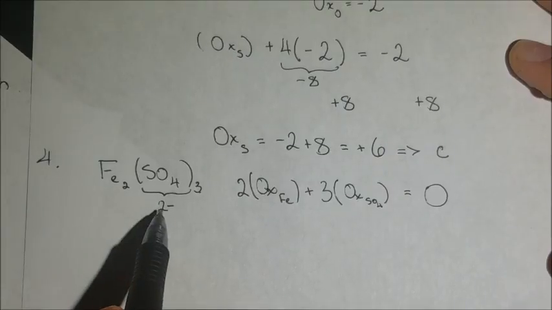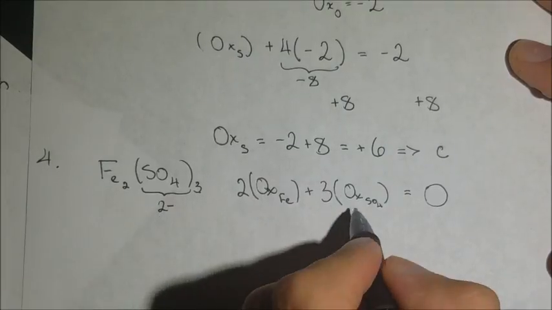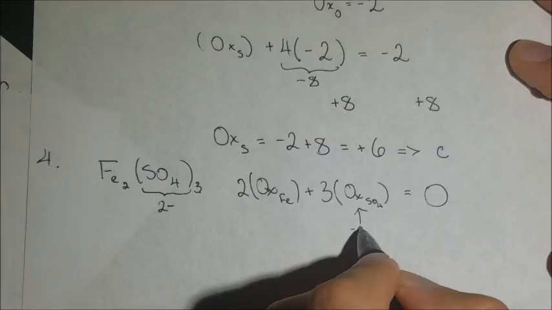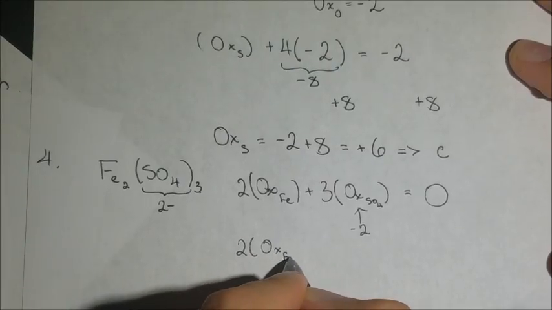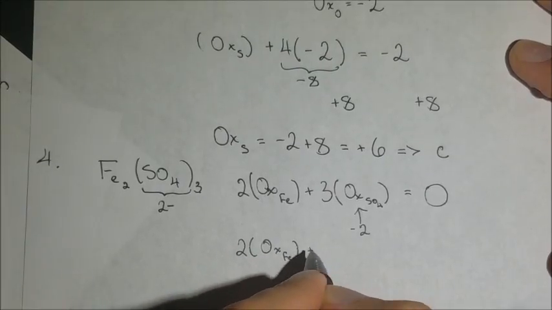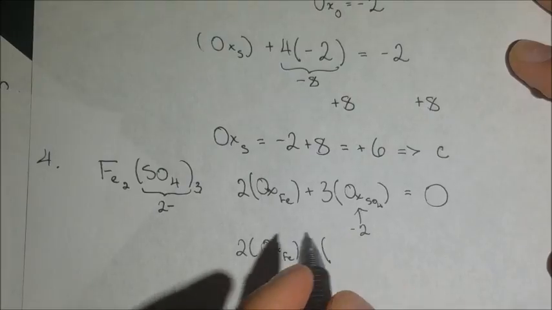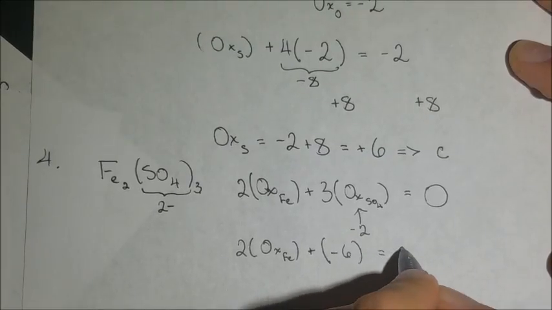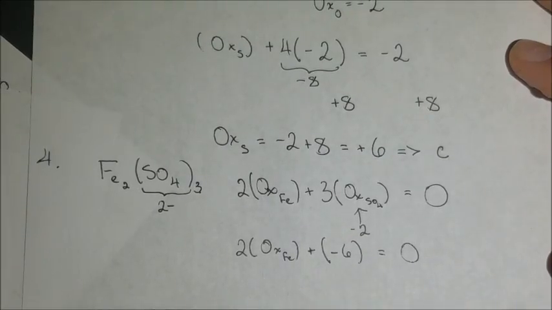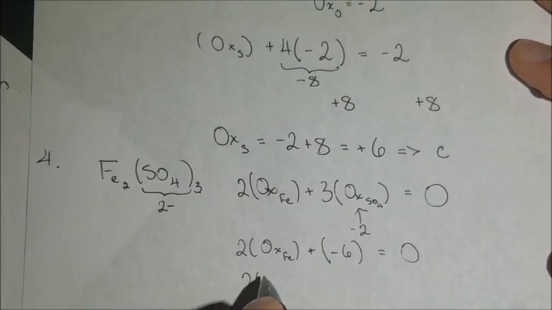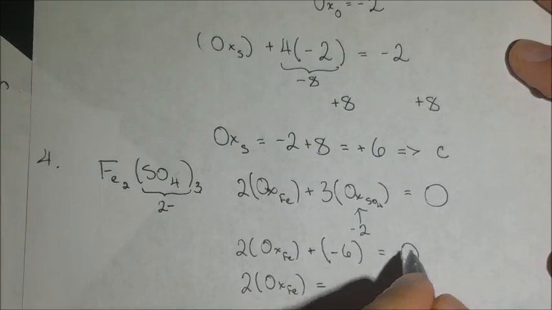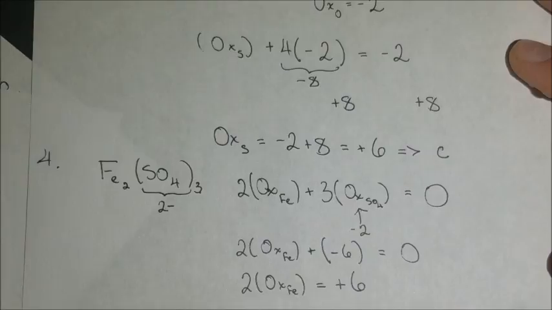Well, okay, we just stated here that the sulfate oxidation number is -2, so let's go ahead and plug that in, -2. So now we just have 2 times the oxidation number of the iron, plus 3 times -2, which is just -6, equals 0. And now we can just move this over and say that 2 times the oxidation number of iron equals +6.